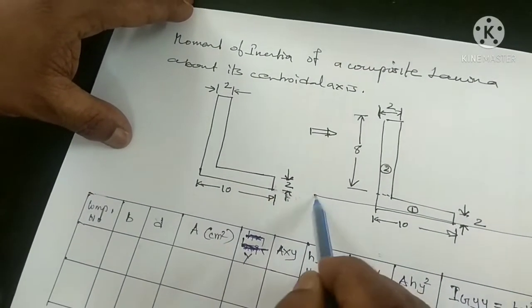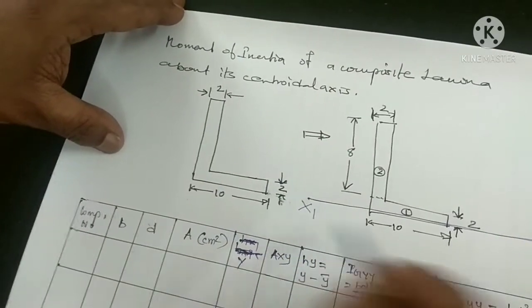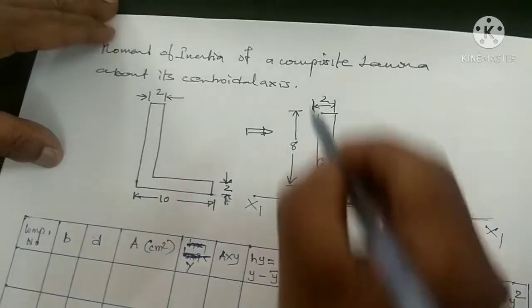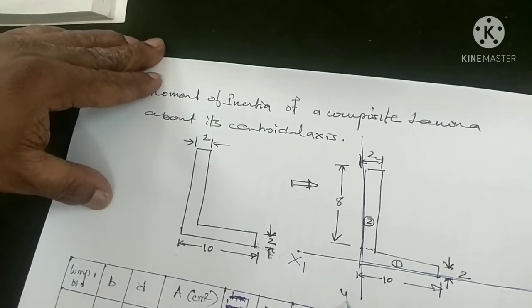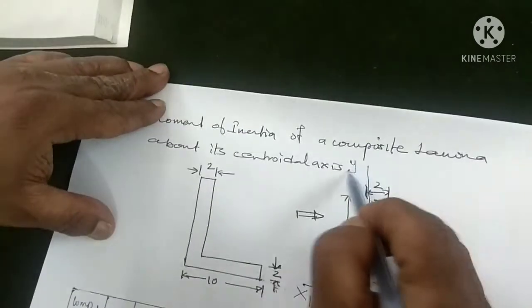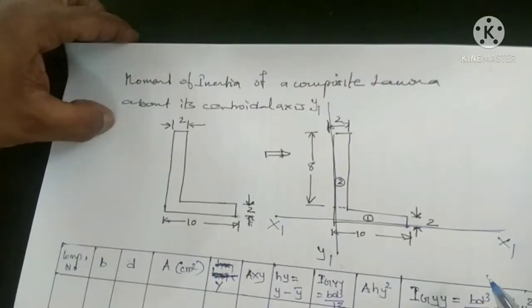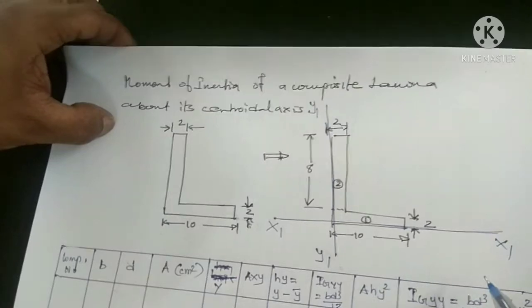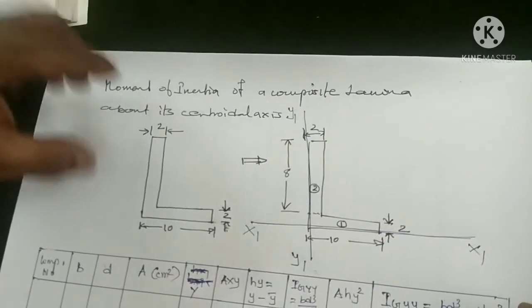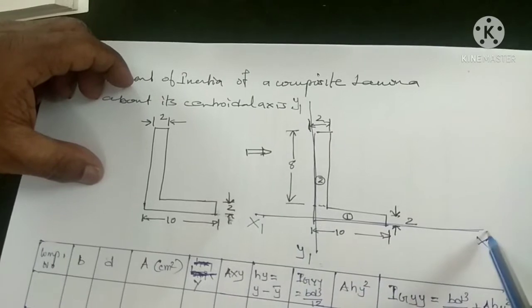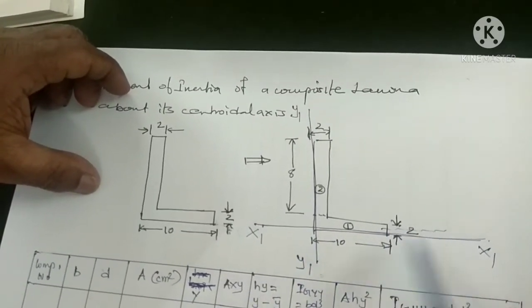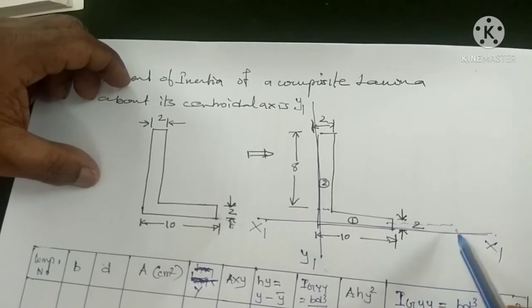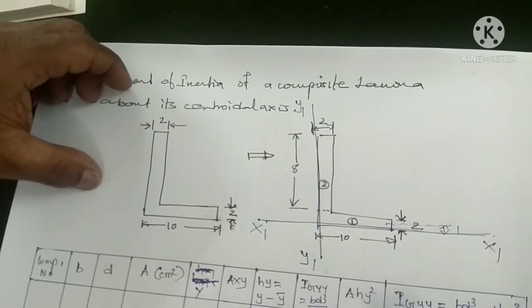For that centroidal axis, here also we have to fix two axes initially. One is along this direction, x1, and the other along this direction, y1. As we studied initially, from this reference axis to the centroidal axis of the first component, the distance is 1.